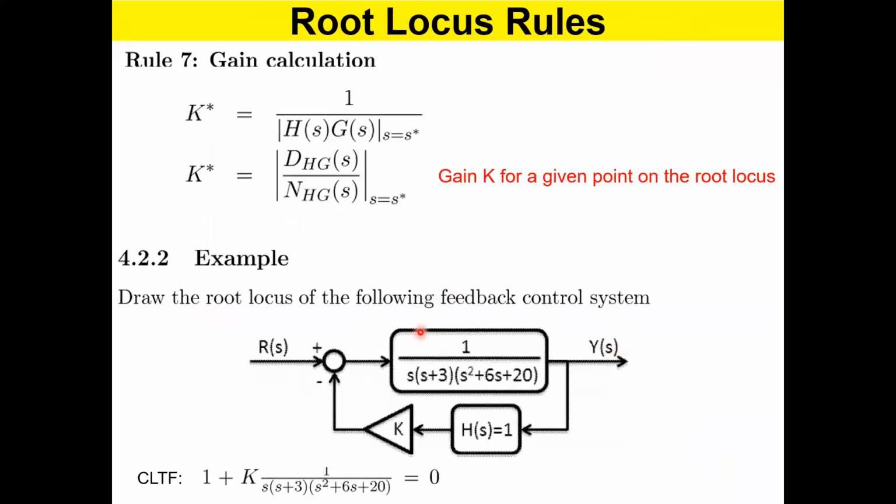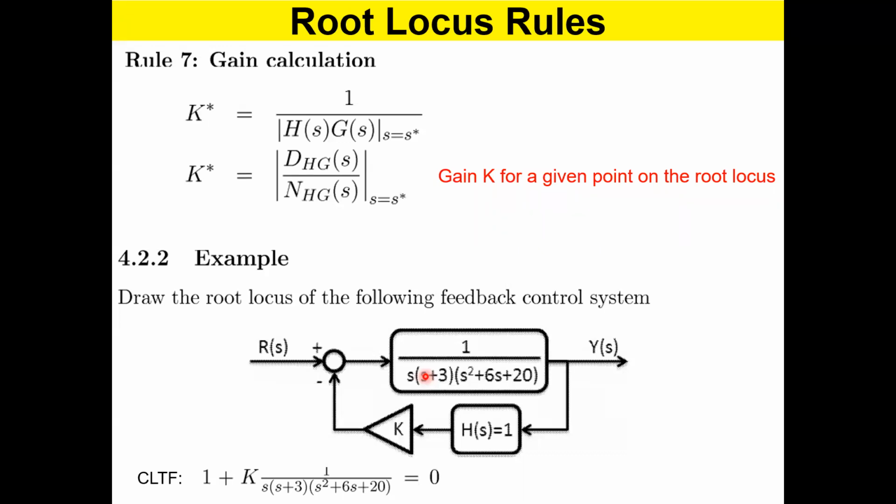For example, here, this is the open loop plant. And if you remember what I said last time, the closed loop plant is a bit complicated. But the closed loop plant's behavior can be understood by looking at the open loop transfer function. That is a very serious advantage in the root locus design.